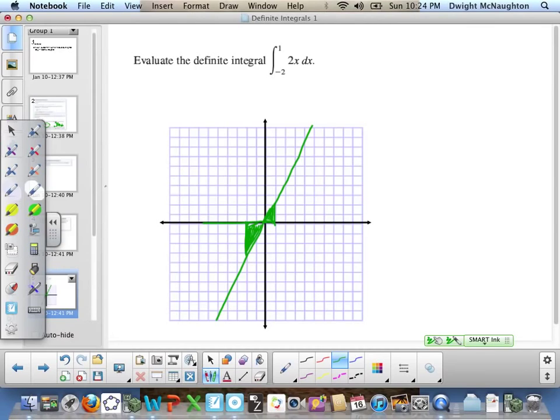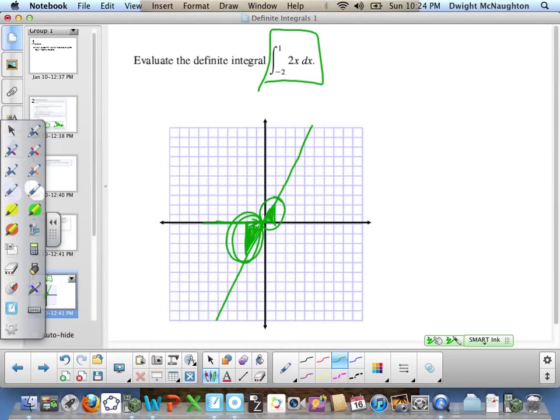So we have to find the area of these two regions, and both are shaped like triangles. This triangle will be negative, because it's underneath the x-axis instead. Anytime an area is underneath the x-axis, we say it's negative.